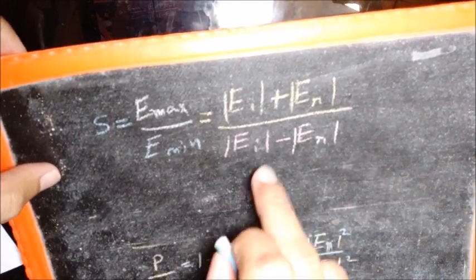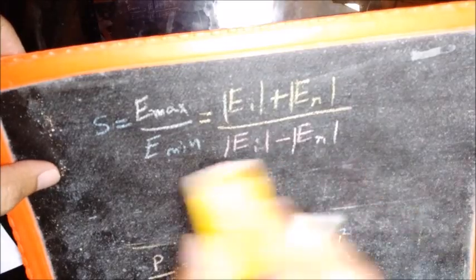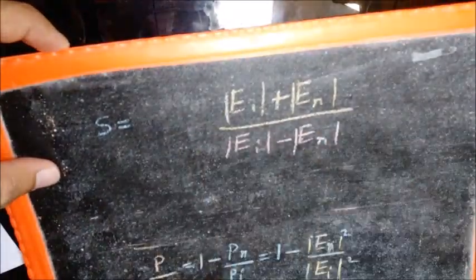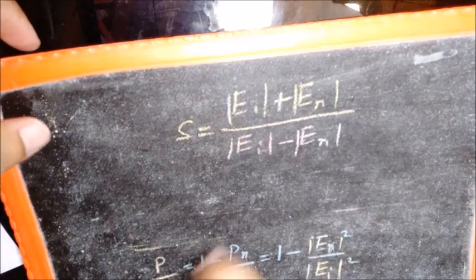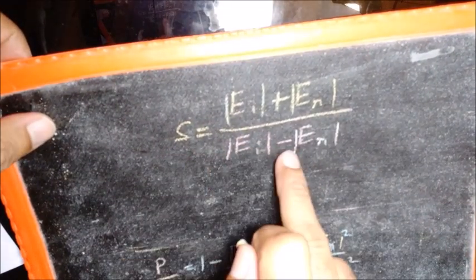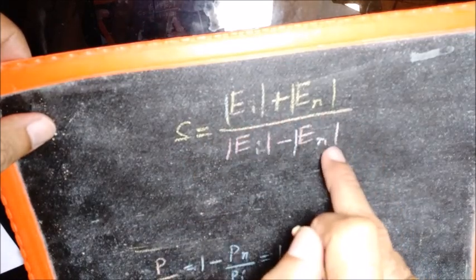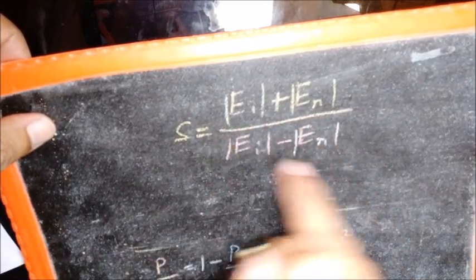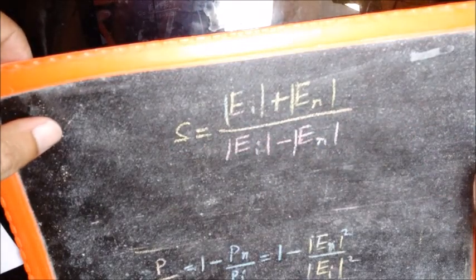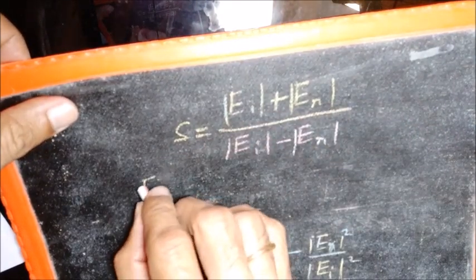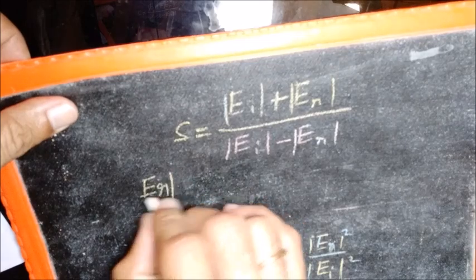And now, from this relation, you can multiply S with this, and you will have S into this is equal to EI plus ER. And from that expression, I will not waste time doing that here.